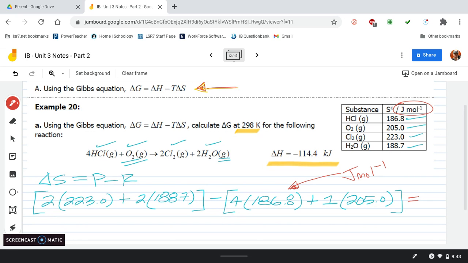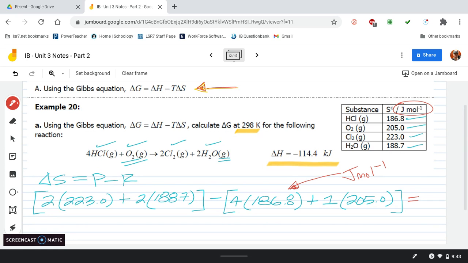And then we're going to subtract, in parentheses, 4 times 186.8. And then we're going to subtract, well, I guess you don't need the parentheses there, 1 times 205. So you're going to do all that.